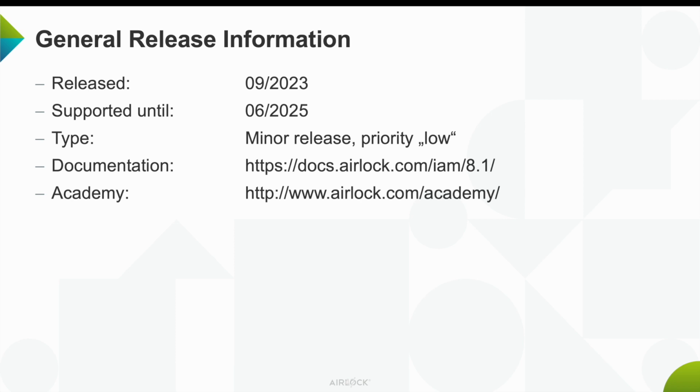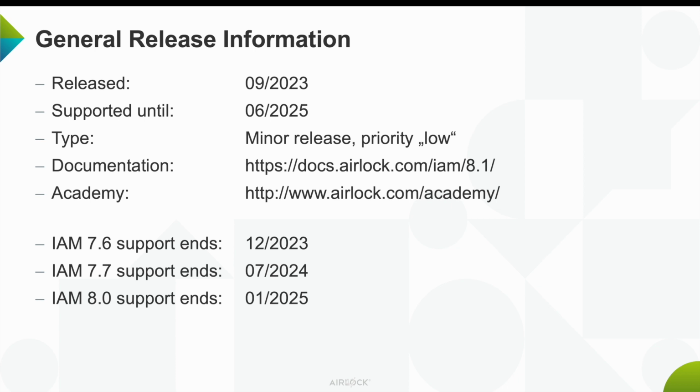As said, it's non-breaking with priority low. So we recommend to install the release if you either have to use a new feature, or if your prior release is about to run out of support. The documentation can be found at the usual place under docs.airlock.com, and also information on Academy you can find on www.airlock.com.